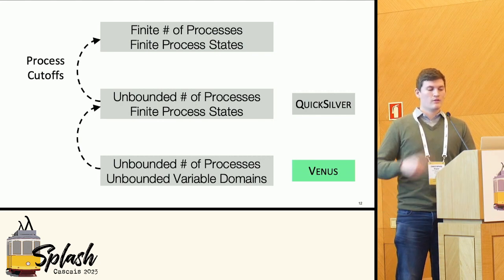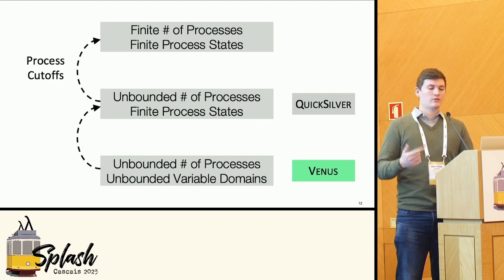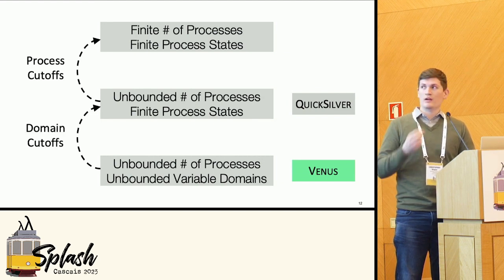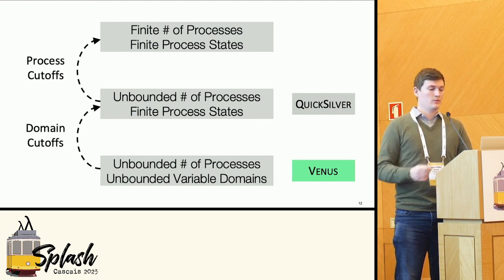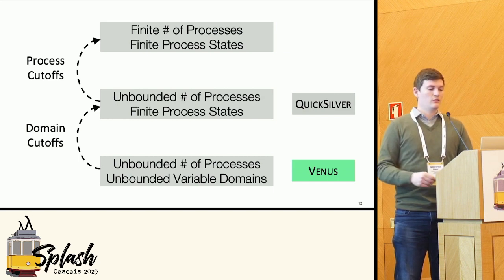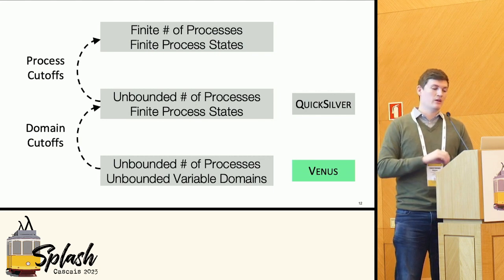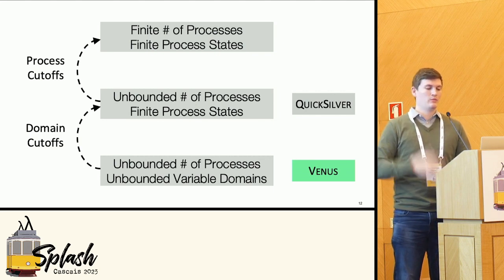So to reach a verification problem for which we can leverage Quicksilver, Venus has to first apply a reduction which targets the process variable domains so that we can simplify the verification problem to one involving still an arbitrary number of processes, but each of which have a small finite variable domain. At that point, we can pass it off to Quicksilver, and it'll take it from there to verify the system automatically.